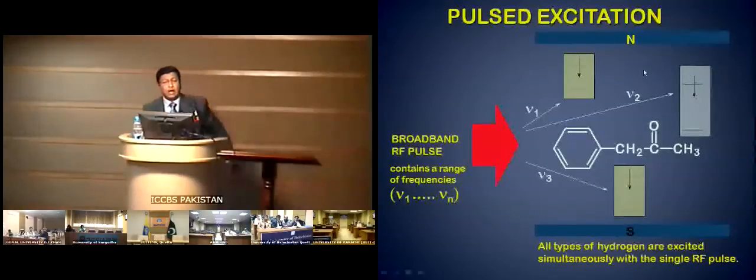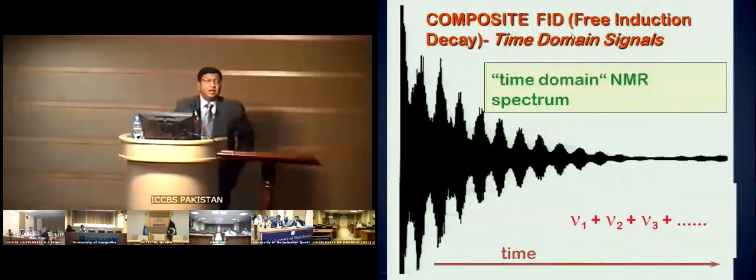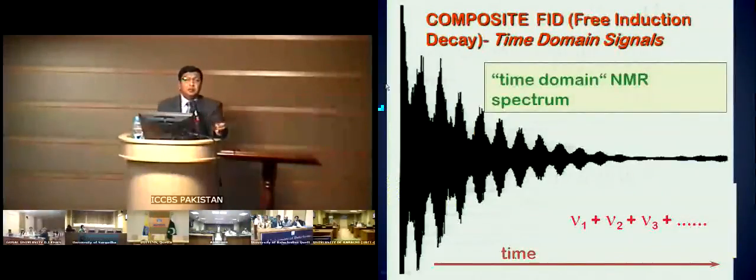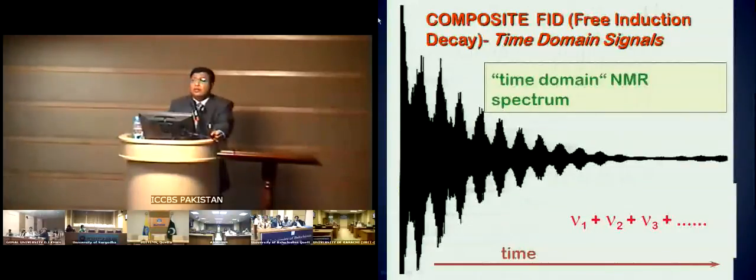This is what I told you, this so-called composite FID, because you rarely have one type of proton in your molecule. You have lots of different protons. And when I say protons, it doesn't really mean that I'm talking about the number of protons. I'm actually talking about the type of proton. Electronic environment इनका different electronic environment. And you see a very complex FID like this.